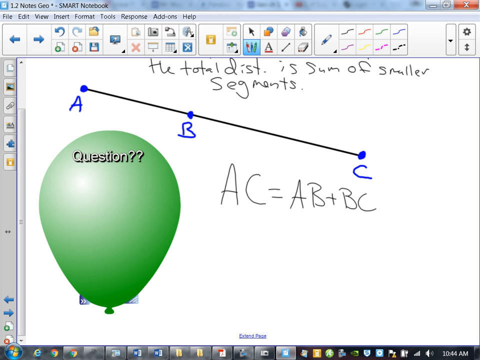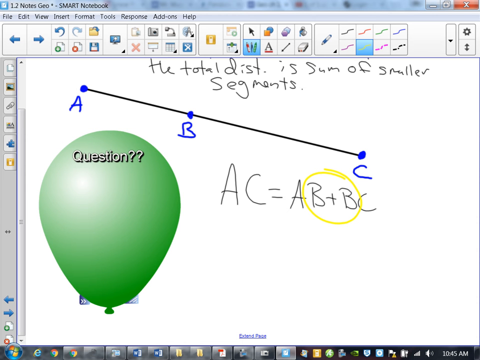Now, one thing I want you to see here is take a look at what happens right there. Not adding itself, but what's repeated? B. Yeah. That middle point, I don't want to say midpoint, but the point B is in between A and C. It's on the same line.